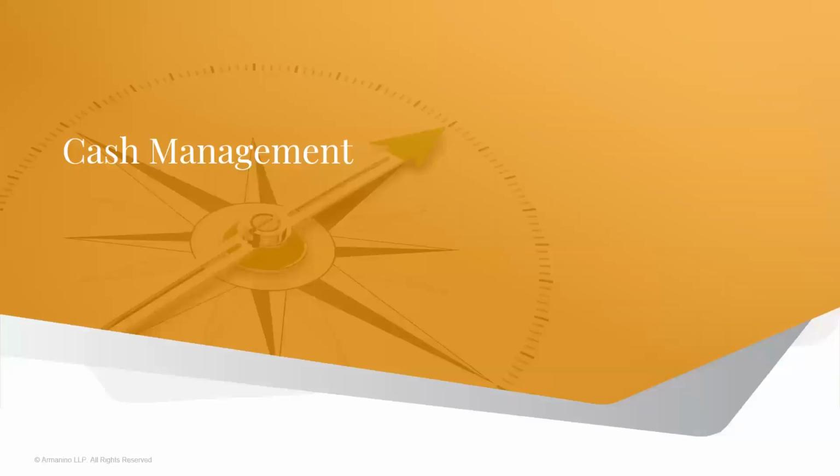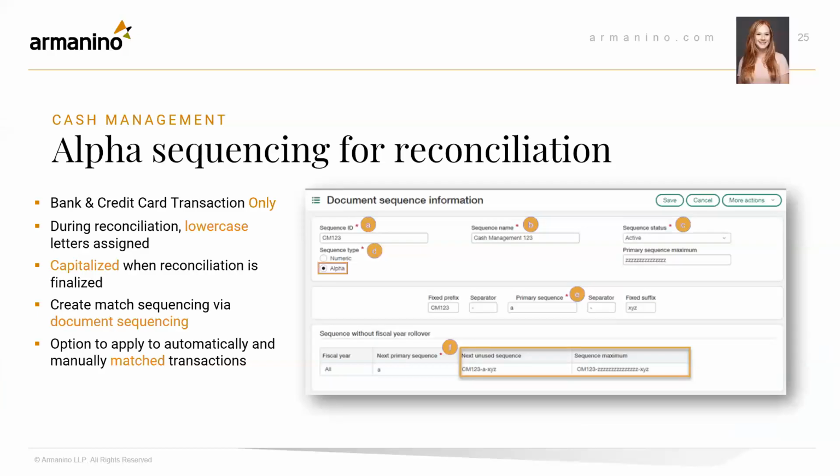And if we want to go to the next slide, we will cover cash management. The first update in cash management is alpha sequencing for reconciliation. And this, I think, is going to be incredibly helpful for a lot of people.